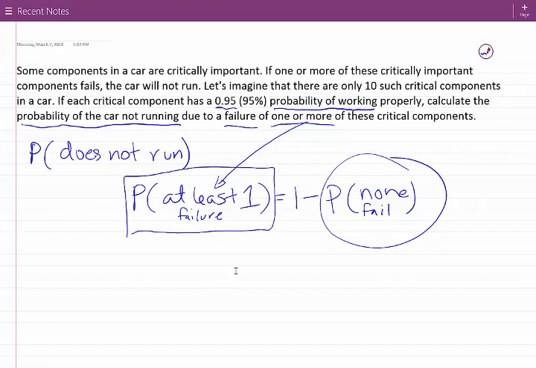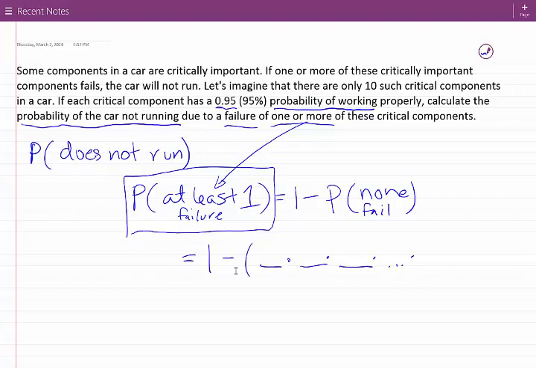All right, so why is it easier to do the probability that none fail? Well, think about it. The only way that none of them fail is if they all work. So it'll be 1 minus the probability that they all work, right? And that probability is going to be calculated by creating 10 little spaces here. Now, I'm not going to put all 10, but you get the idea. There'll be 10 spaces, and they will represent each component. So this is the first component, right?